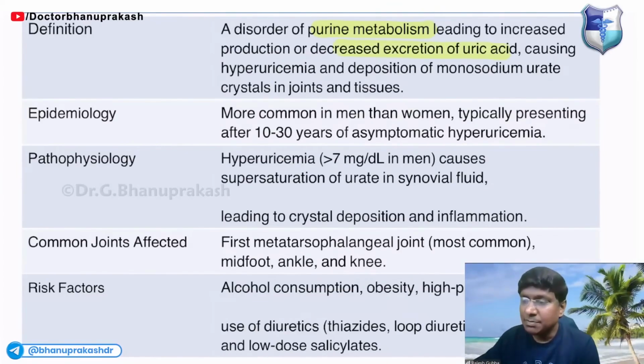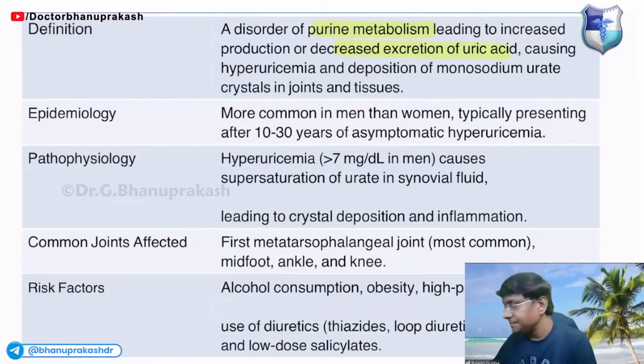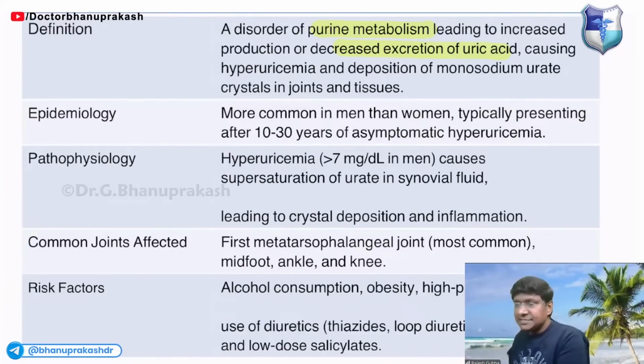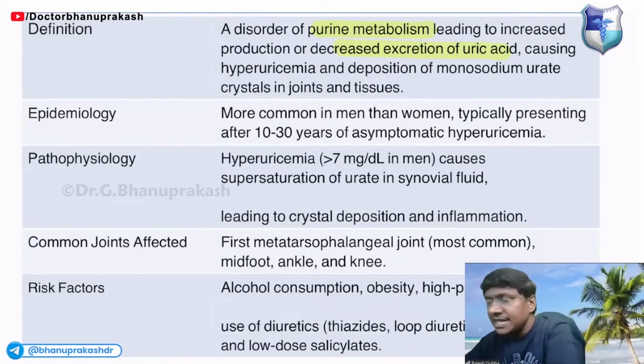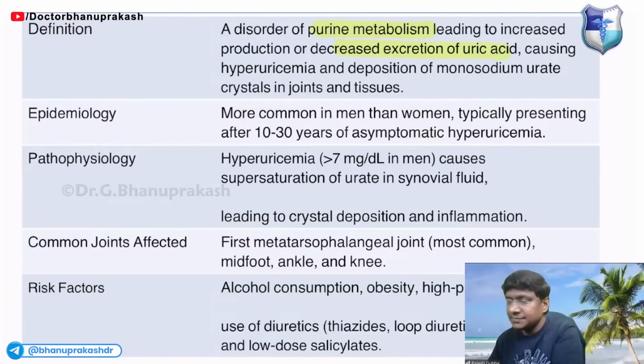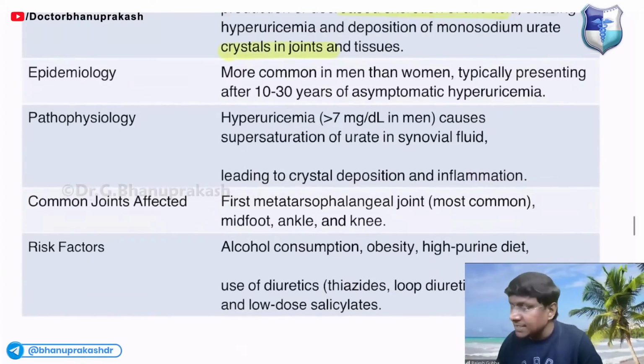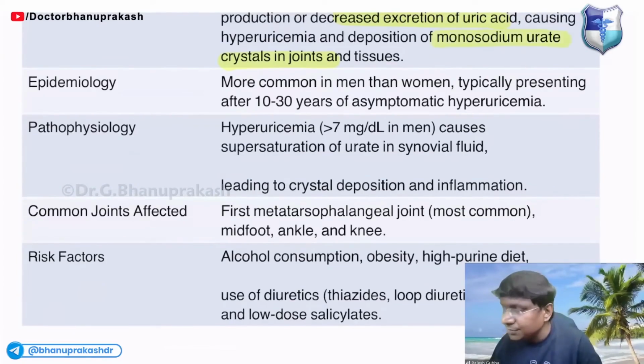So basically, the problem here is that the level of uric acid is increased, either because of increased uric acid synthesis or decreased uric acid excretion. The joint which is commonly affected is the first MTP, where you have the accumulation of monosodium urate crystals within the joint, right?